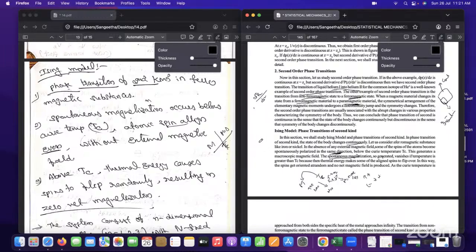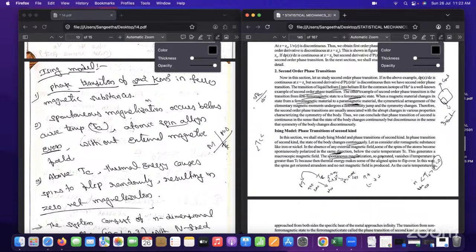So for temperature TC, Curie temperature, before it there is some magnetized value. Above Curie temperature, the magnetization value is zero.